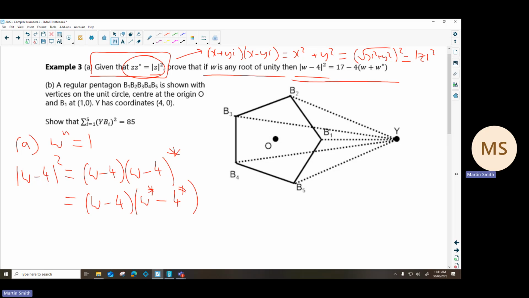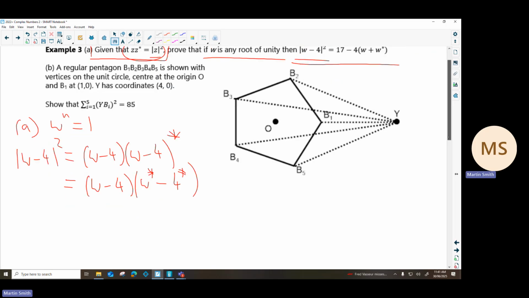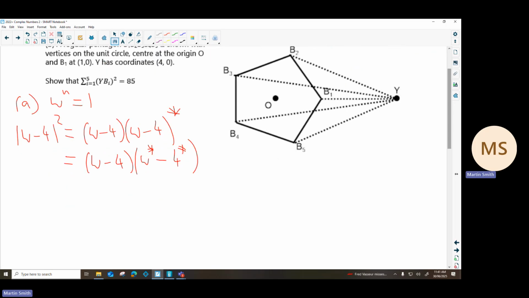I can simplify that further. 4 is a real number, so if you view 4 as a complex number, it's 4 plus 0i. Its conjugate is 4 minus 0 times i, which is just 4. If you have a number which is real, its conjugate is itself. So this is the same as (W minus 4) times (W star minus 4).